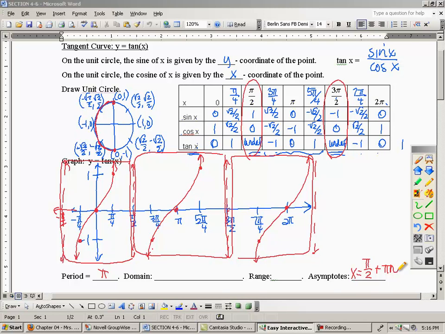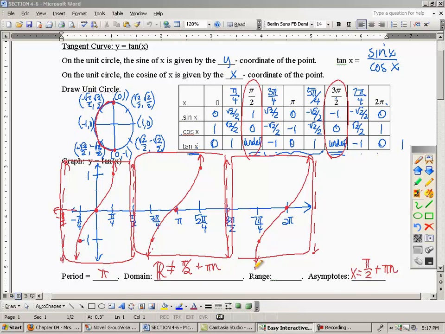Okay, so I'm going to use that asymptote for my domain. My domain, I can put in any angle except my pi over 2 plus pi n, except for where those asymptotes occur. So my domain for all of these reciprocal and quotient functions will be all reals except wherever the asymptotes are.